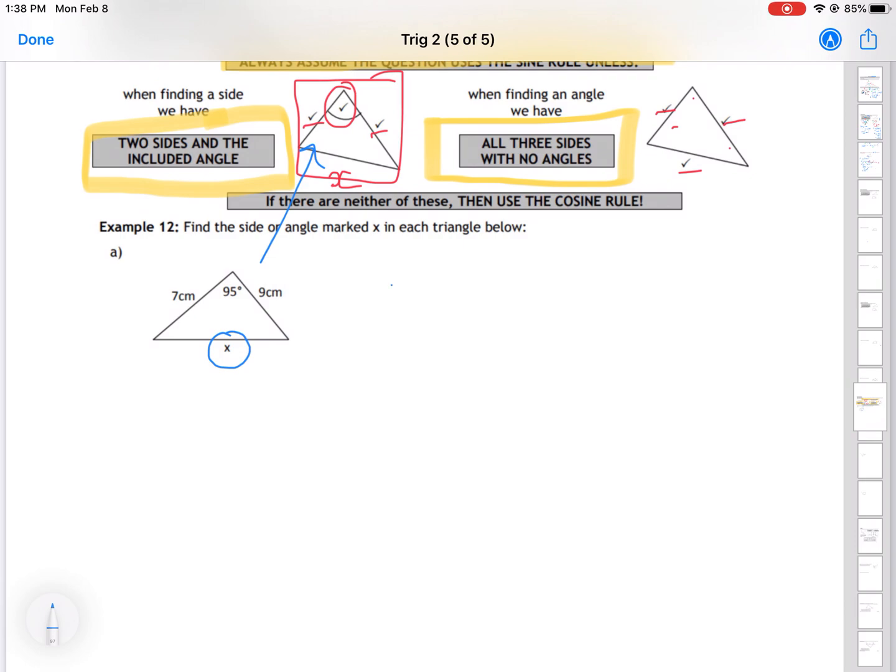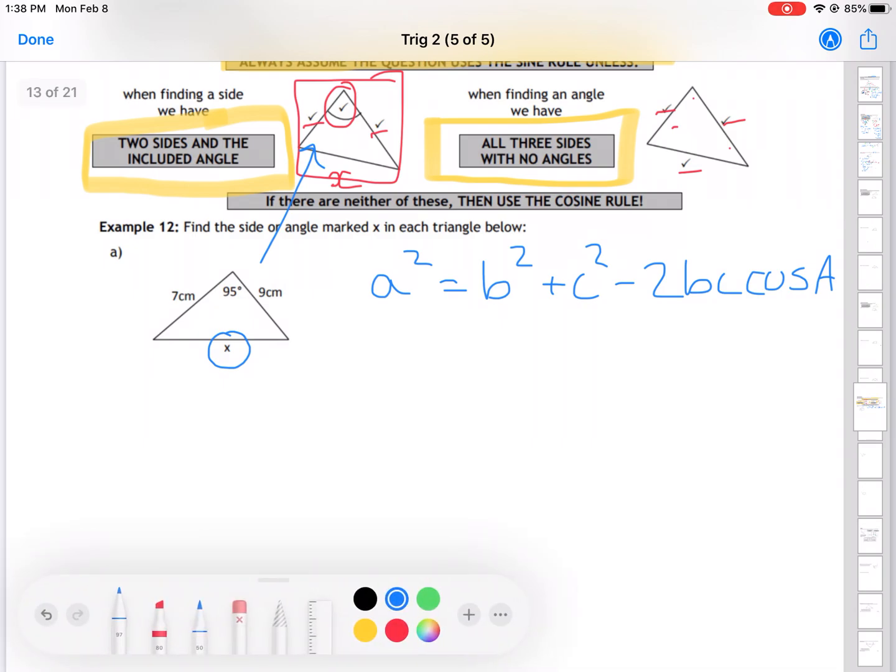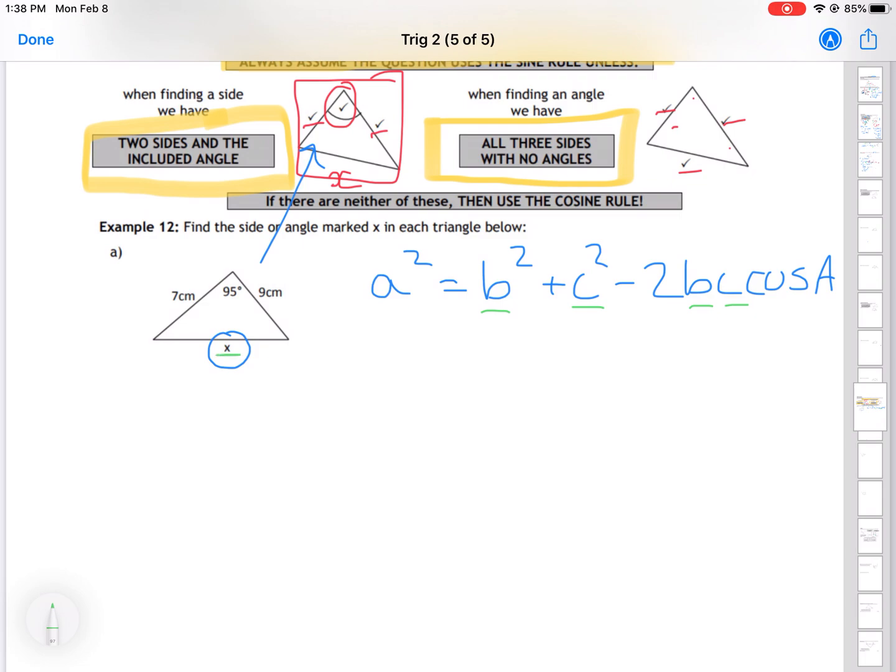Okay, so the cosine rule being a squared equals b squared plus c squared minus 2bc cos A. And again, if we remember, our small letters are the sides, so it's the two sides that we don't already have. So x will be our side a, the other two are b and c, and angle A is the one opposite the side that we're trying to find. Okay, so we have the other two sides that we need, and we have the angle which is corresponding to the side that we want to find.